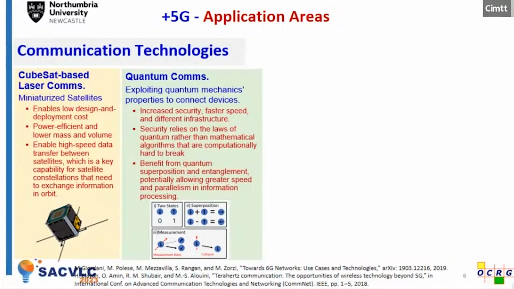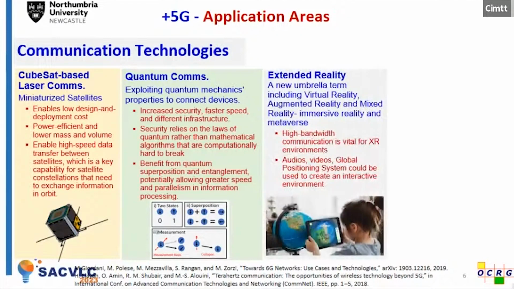It has a basis of superposition and entanglement, and potentially offers high speed because of parallel processing compared with normal classical physics. So a lot of research is looking into quantum communication, and there is a lot of progress on it.